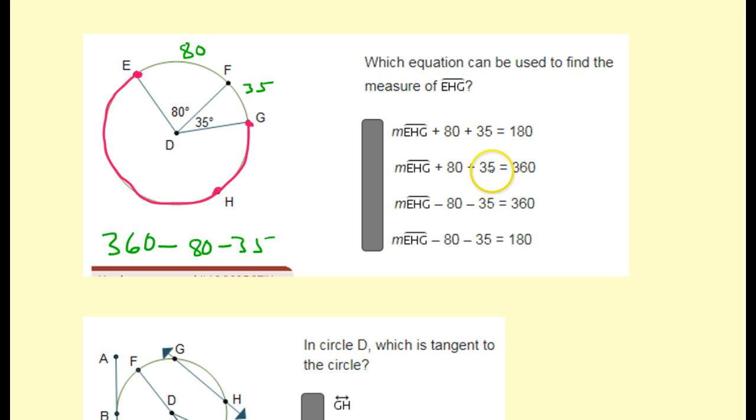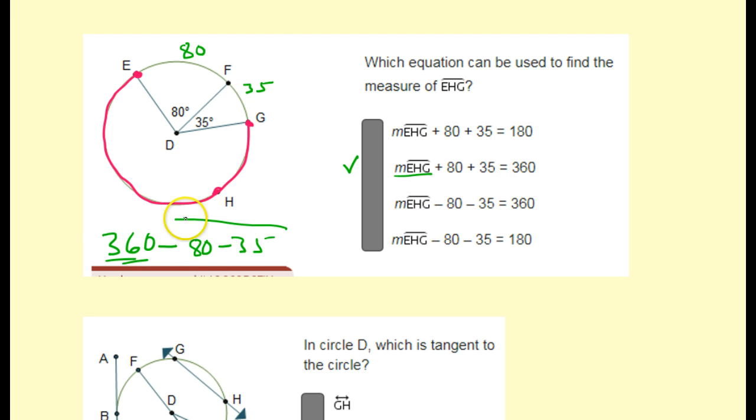Okay, we could say that the sum of all of these angles adds up to 360. So it looks like it's going to be this one. They're saying the measure of the angle that we're looking for, plus 80 plus 35 all adds up to 360.